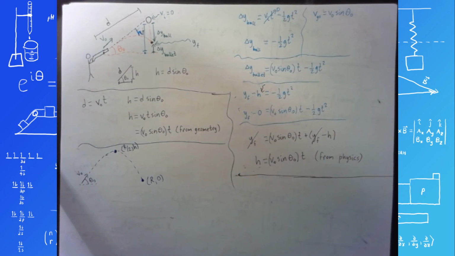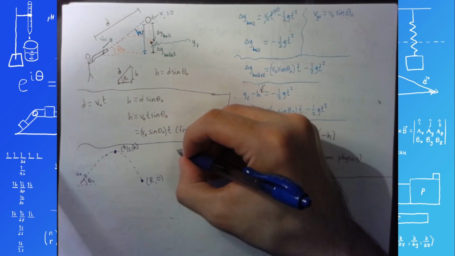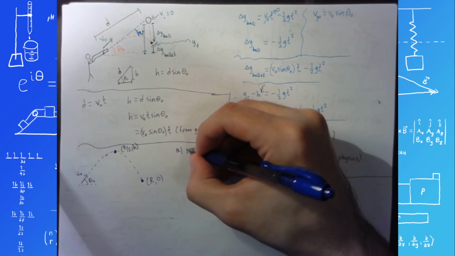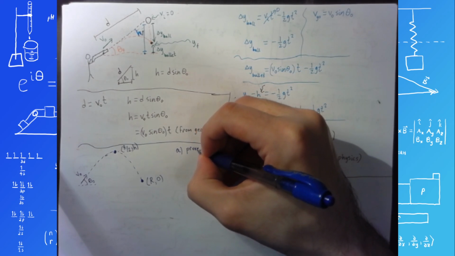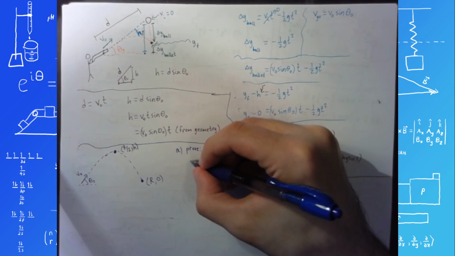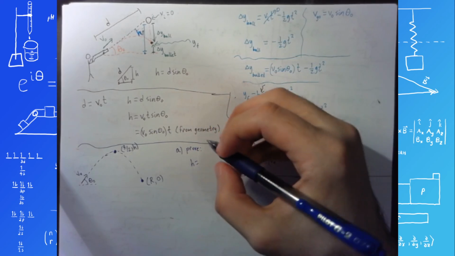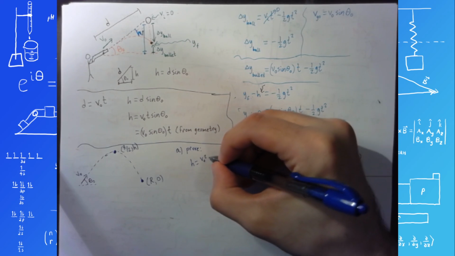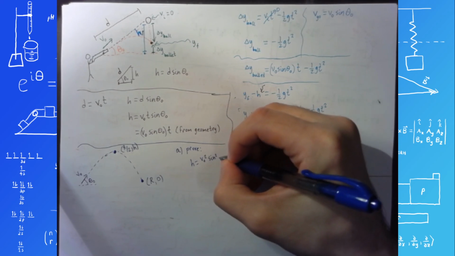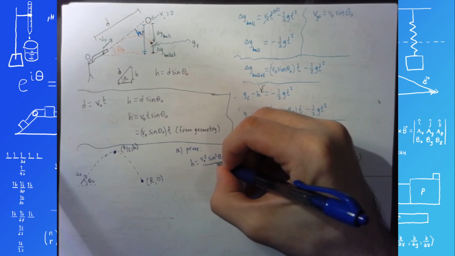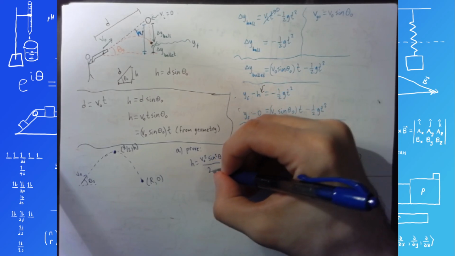Just x, y coordinates. They decided to use coordinates for some reason here. And it says, show that the projectile reaches a maximum height. So for part A, prove, show, h equals v0 squared sine squared θ0 over 2g.